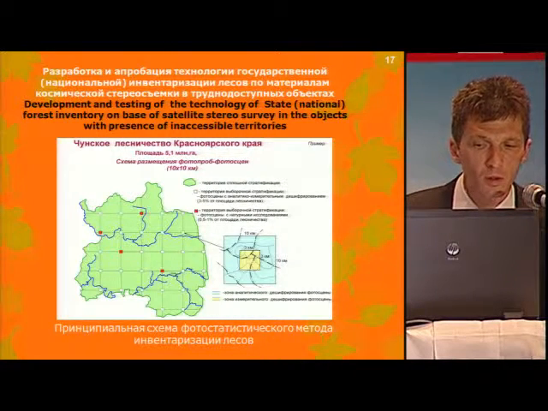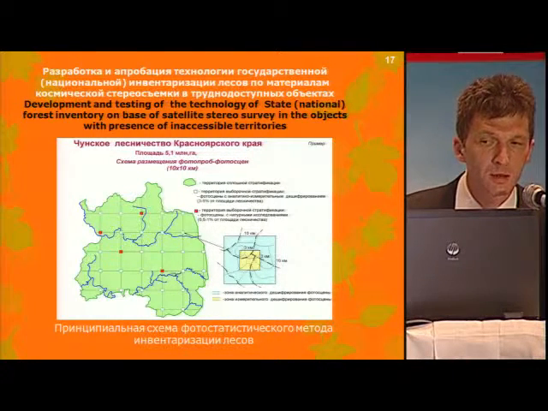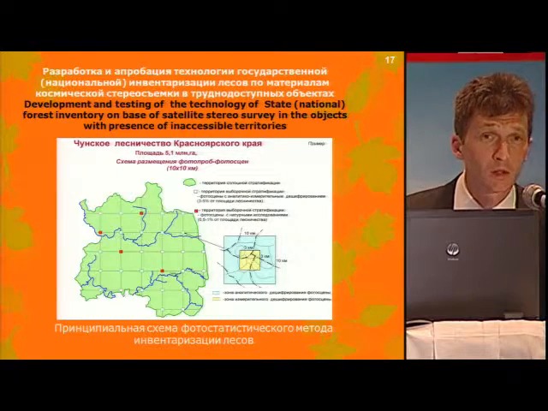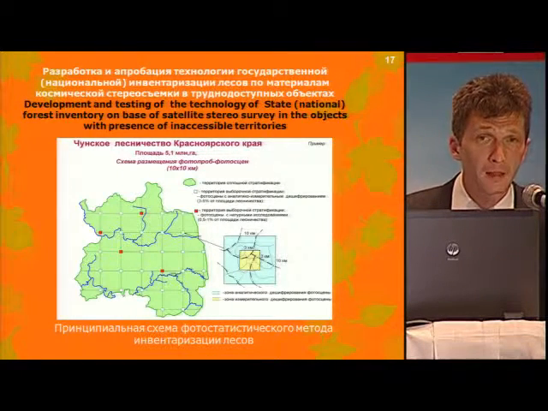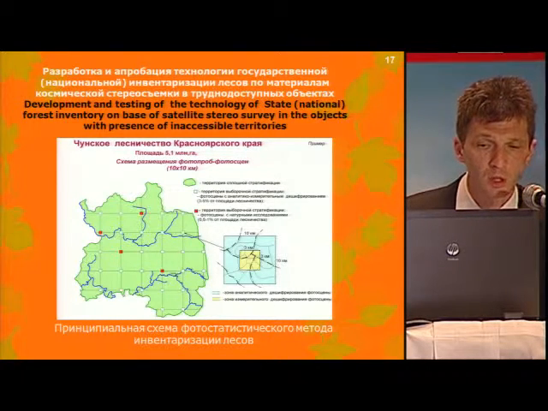Our group of specialists, as part of a research project, developed a technology for state inventory of forests based on the materials of satellite stereo imagery for northern and northeastern part of our country, where the land-based taxation and sampling doesn't make any sense because it's too expensive and senseless, economically speaking.